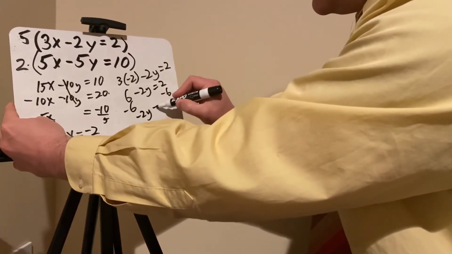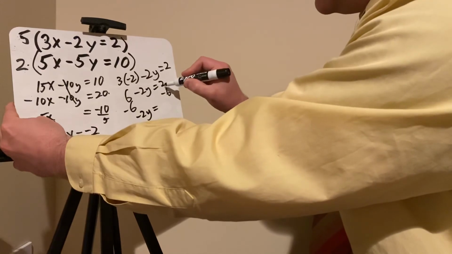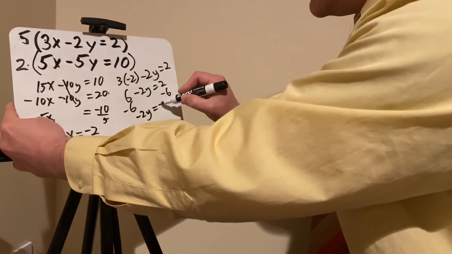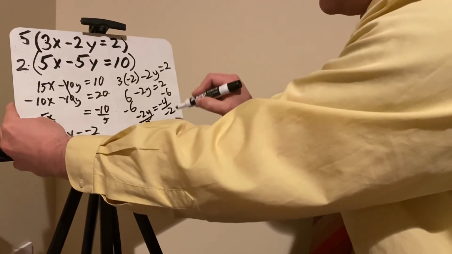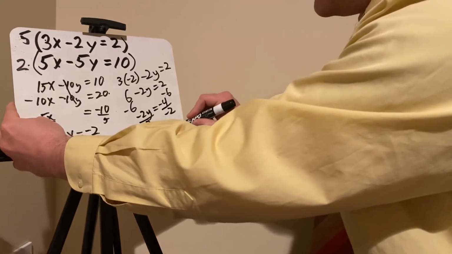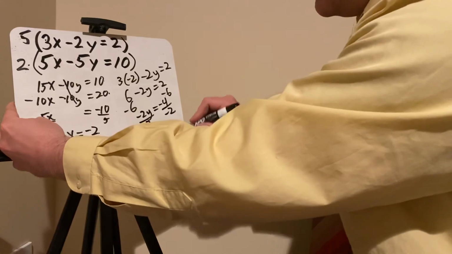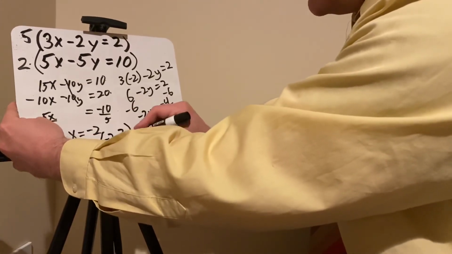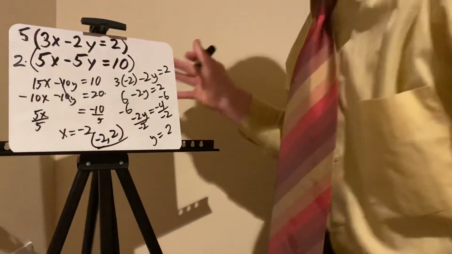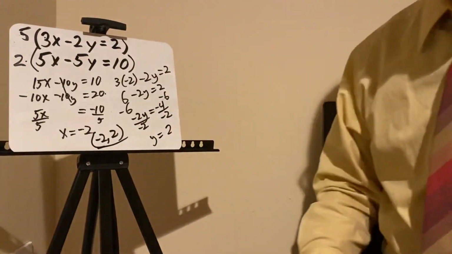Minus 2y equals 2 plus 6. Divide by negative 2. Y equals negative 4. My coordinates would be negative 2, 2. That is my solution in terms of coordinates for this system of equations.